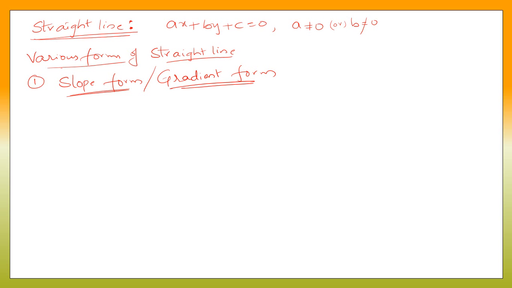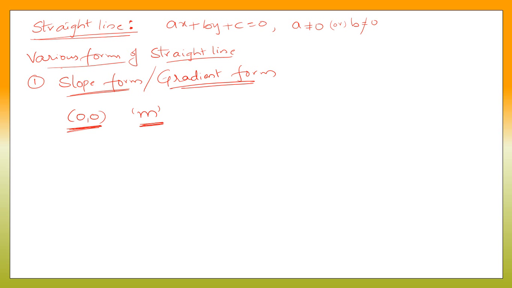If you can understand these forms, then you can solve any problem in an easy way, right? So first, the slope form. What is meant by slope form? Slope form means the particular line will pass through the point 0, 0 and its slope is m. That means here how many entities are given? 2 entities are given, right? So what are those 2 entities?